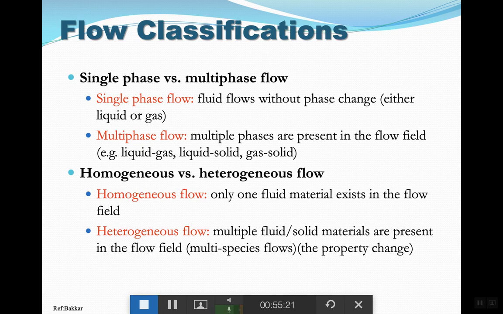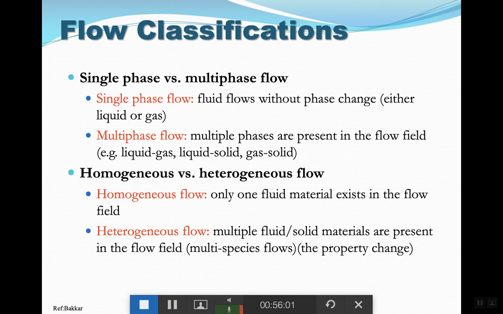But if you're dealing with multi-phase flows, meaning liquid and solid, liquid and gas, gas and solid, or even all three, liquid, solid, and gas, the whole scenario for solving the equation changes. You need some more auxiliary equations to be able to solve it. So this is one of the most important things you should know before starting to simulate your control volume.